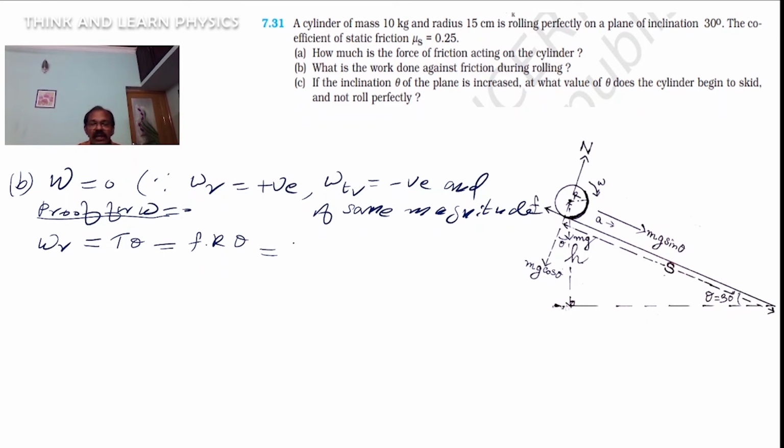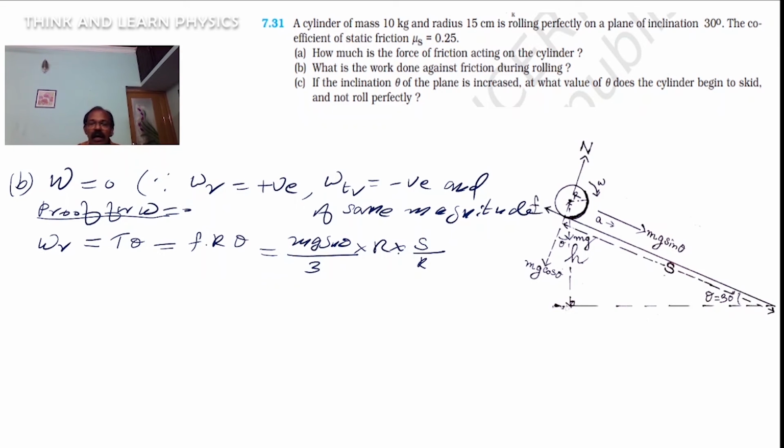We have seen that F is equal to mg sin theta divided by 3 for the cylinder, and this into R into theta, where the angular displacement is the arc length S divided by R. So S by R is the angular displacement theta.